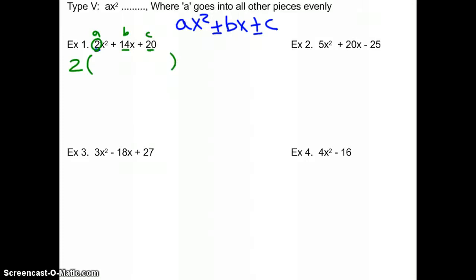If I divide x squared by 2, I'm left with just x squared. If I divide 14x by 2, I'm left with 7x. And if I divide 20 by 2, I'm left with 10. So now this looks like something I could probably factor.